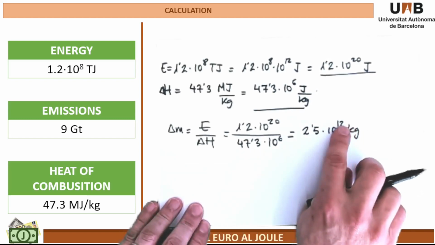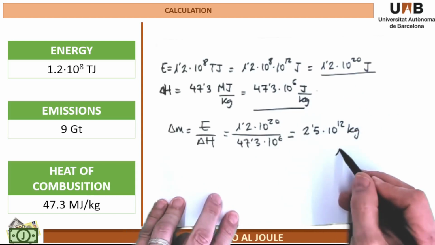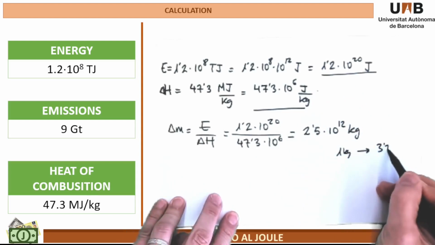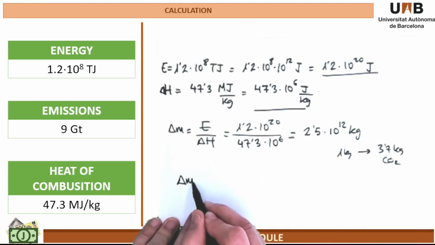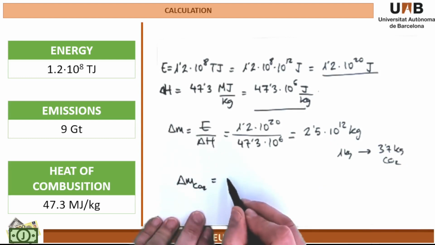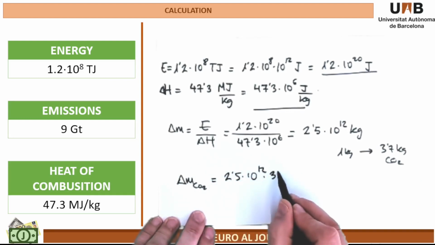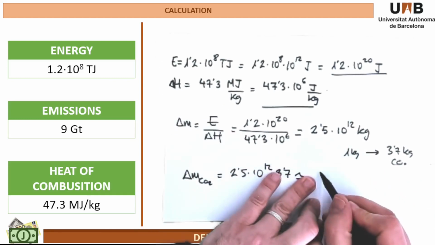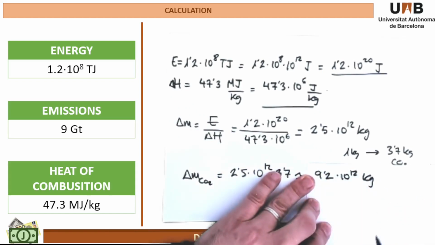Now remember that each kilogram of gasoline gives me 3.7 kilograms of CO2. So this means that the amount of CO2 is 2.5 10 to the 12 multiplied by 3.7, that is approximately 9.2 10 to the 12 kilograms.